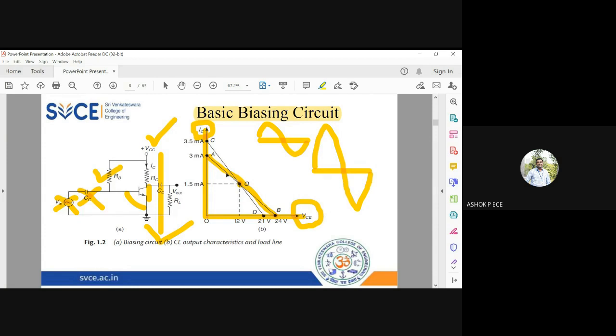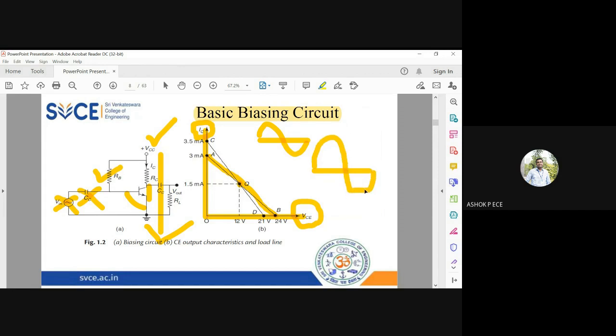When the Q point is slightly moving up or slightly moving down, your sine wave will look like this. Some part of the sine wave will move up. Some part of the sine wave will move down. Sometimes the sine wave will be clipped off. Can you see the difference? This portion has to be rounded off, right?